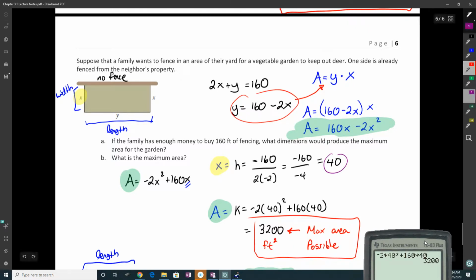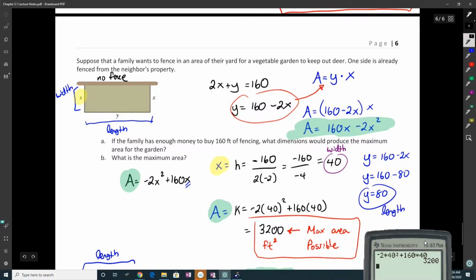Now, as far as the dimensions go, the width is 40 feet. And notice that I have a formula for y, the length. y is just 160 minus 2x. So y is 160 minus 80, since 40 times 2 is 80. So y is 80, and this is the length.